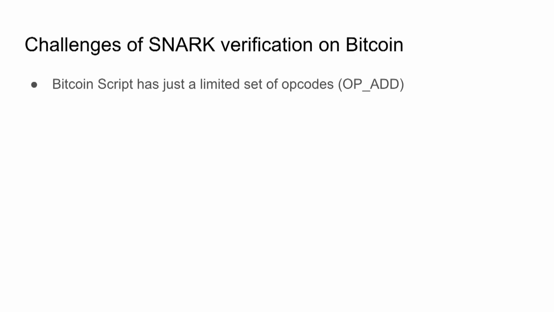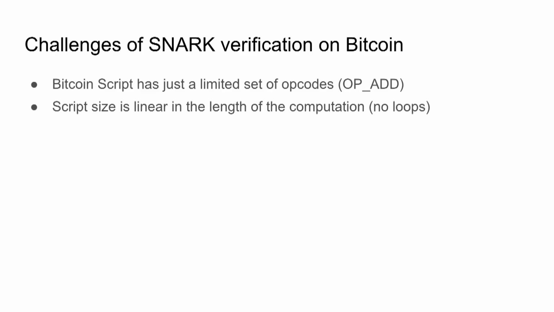First of all, the scripting language is extremely limited. The coolest thing we have is an addition opcode, so we can add 32-bit numbers, which is not that sophisticated in comparison to, for example, Ethereum, where you have opcodes for pairings. So this is way more low level. In general, the script size is linear in the length of the computation, because there are no loops.